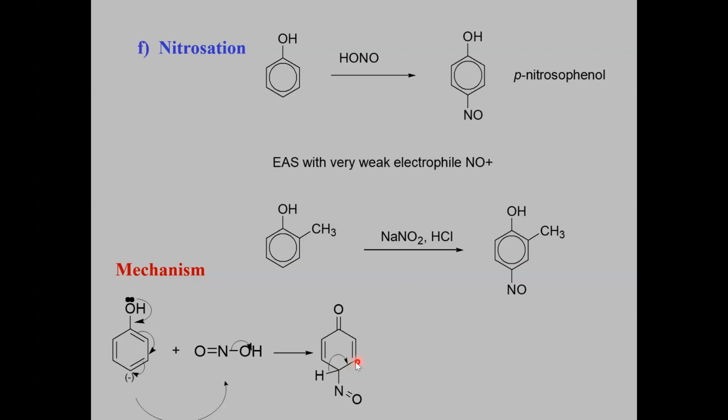As the carbon becomes electron rich, it has to maintain its valency. That electrons are moved to the next position and the pi electrons move onto the oxygen, and O minus combines with this H plus and it gives rise to para-nitrosophenol. This is the mechanism involved in the nitrosation reaction. Though the nitroso group is very weak, still it can react with phenol because phenol is more active.